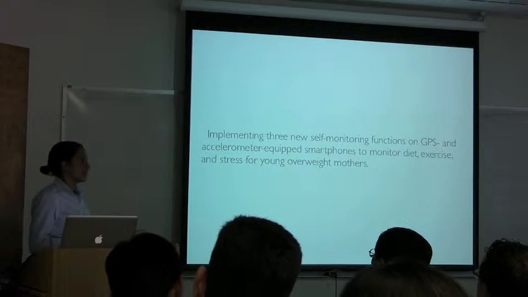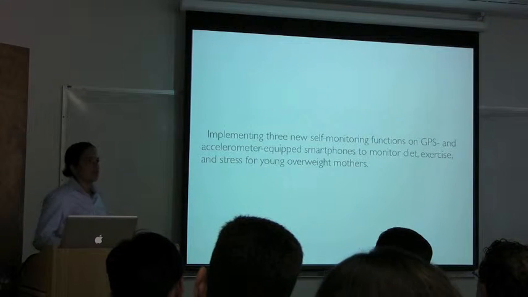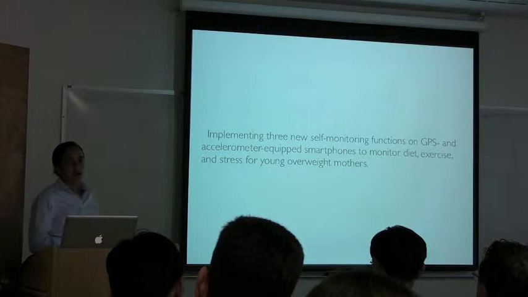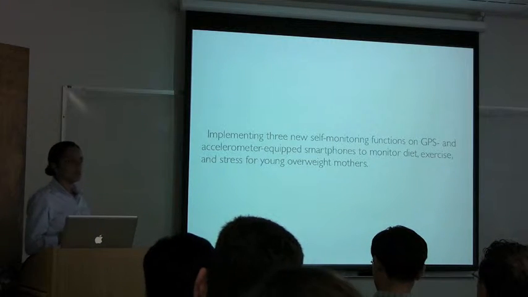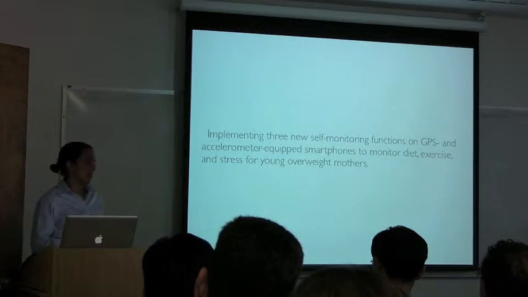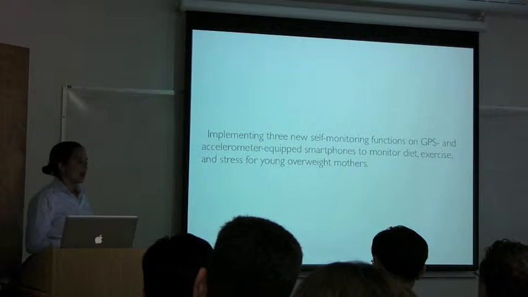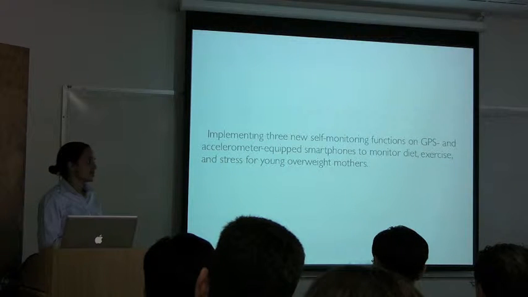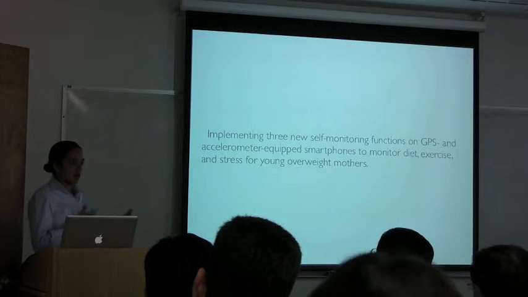Because, again, as I mentioned, people have their phones with them all the time, and the phones are recording, monitoring, the phones have this unique ability to give people feedback on their behaviors and what they've been doing, and help serve as a mirror of sorts to reflect back to them what has been going on.